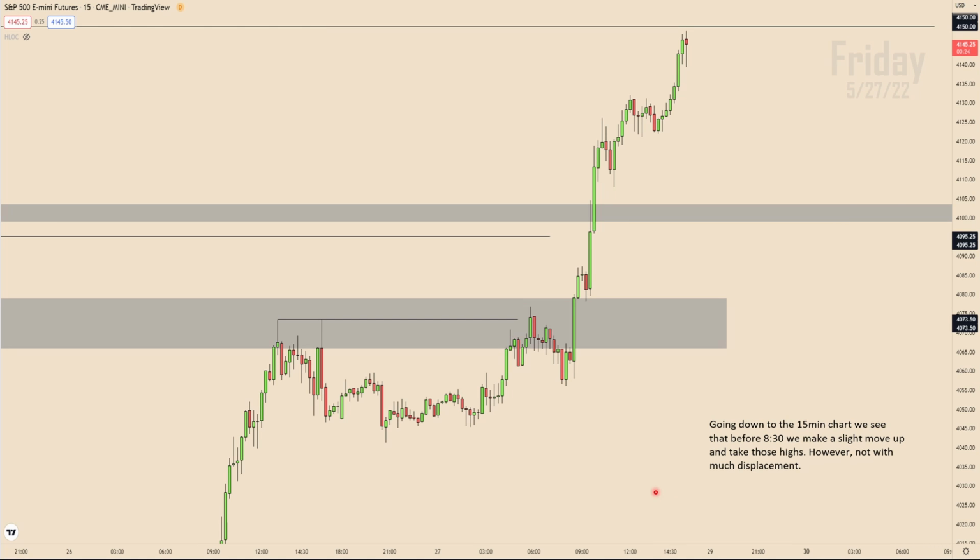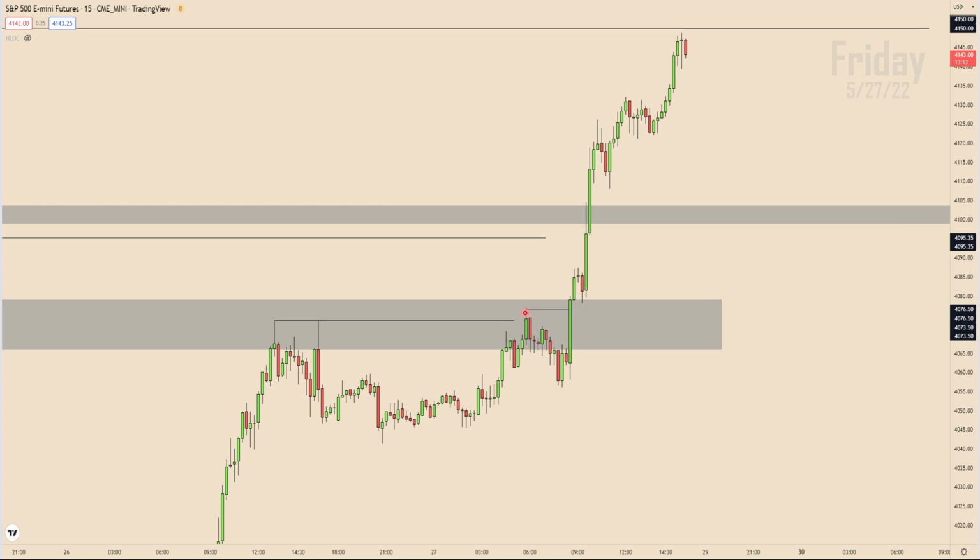Going into the 15-minute time frame, if we look before 8:30, we made a slight move up to take out those highs, right? But if we're bullish, we want to see a move down. Looking right here, we get this move down. That is where the liquidity would be to make a run higher.